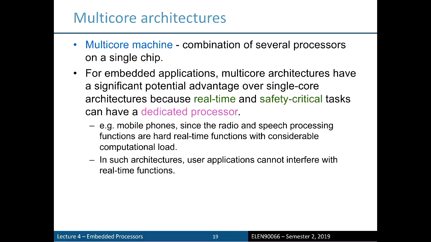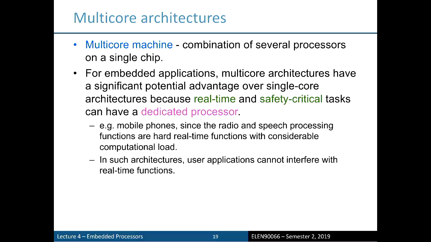My example would be, say, mobile phones, because radio and speech processing are hard real-time functions. There's a lot of crunching going on there. If you've done some signal processing and you know a bit about how signals are decoded and demodulated, there's a lot of stuff that has to happen with minimal delay.